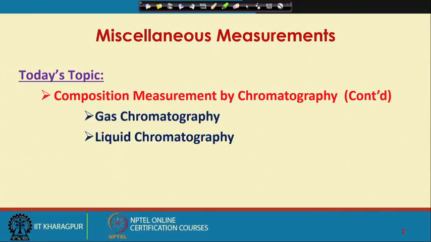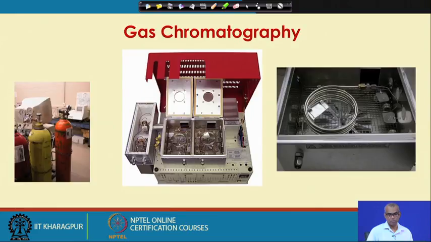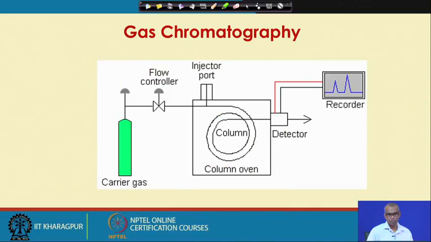So, we will continue our discussion on composition measurement by chromatography. These are the various parts of gas chromatography. As we discussed in our previous lecture, you have carrier gas, flow controller, sample injection system, column, column oven, detector, and finally, the detector gives you the response, which is a detector signal versus time graph, which is known as chromatogram.